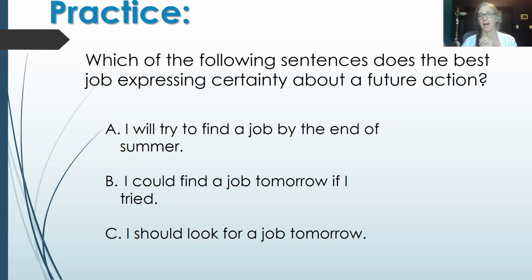And then we've got I tried with if. So that's a little complex sentence there. But what about C? I should look for a job tomorrow. That's another possibility or uncertainty. Yep. But present, right? I should look. Don't even think in terms of present. Just possibility. That's exactly right. Good.